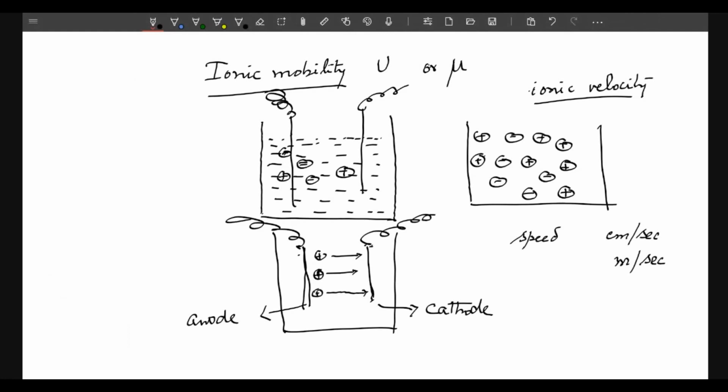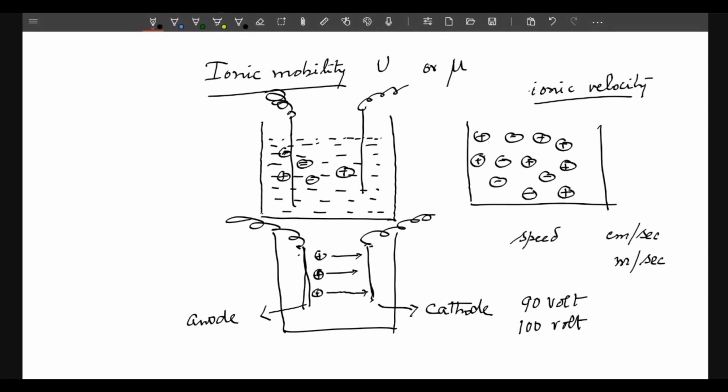Now I am applying, say, 90 volts across the electrodes. These cations and anions would have their own speed under 90 volts. I am going to increase the potential difference to 100 volts. What about the speed of that ion?